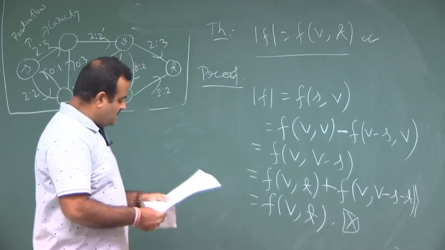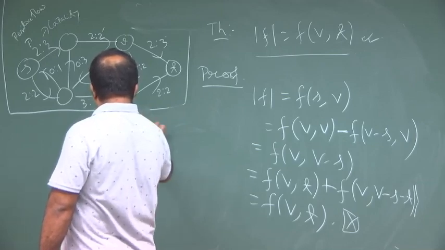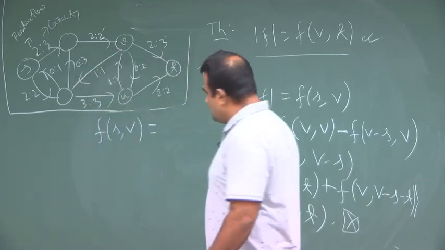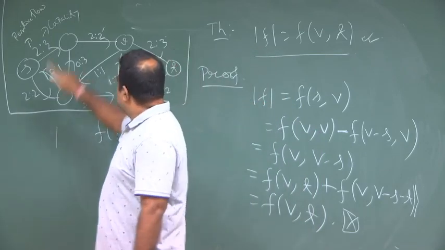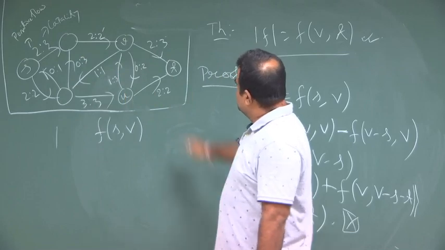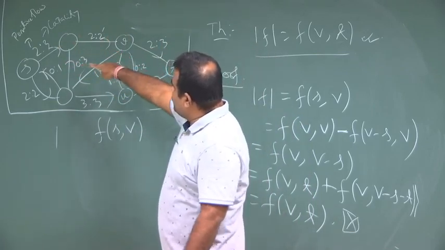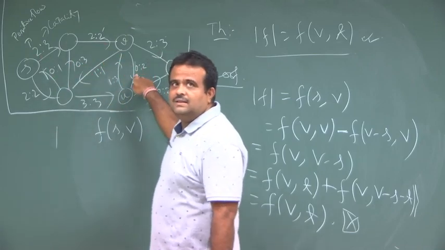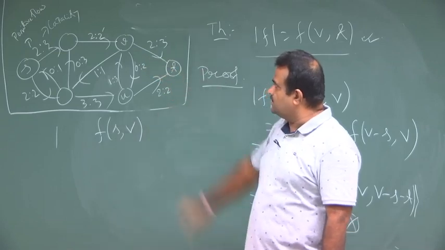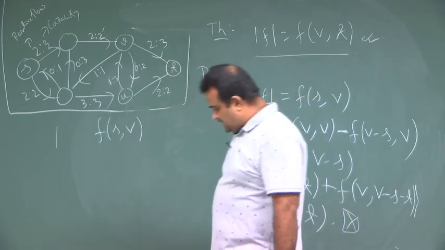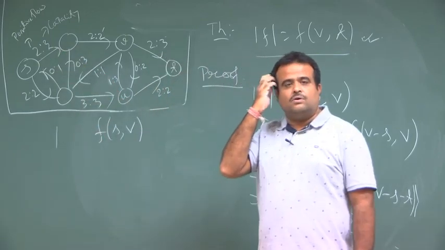Okay, now if we take this example, what is the net flow, and what is the value of the flow for this network? This is a network, these are the capacities, and these are the positive flows, as in the example we discussed in the previous classes. Now, what is the net flow? Net flow is what we get after flow cancellation.